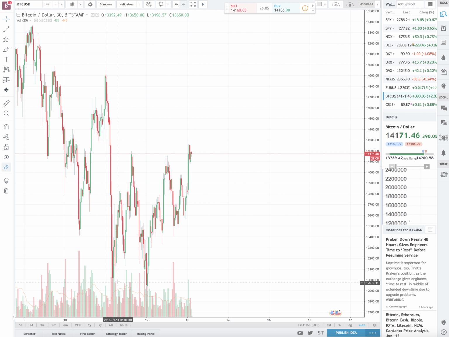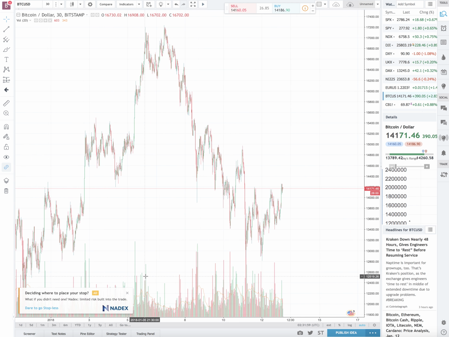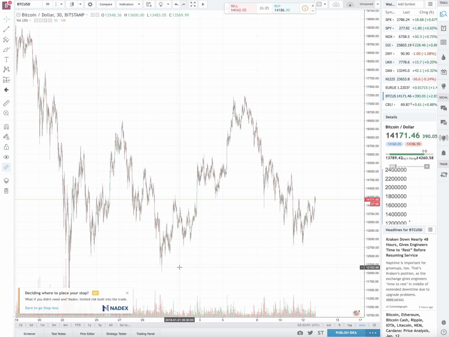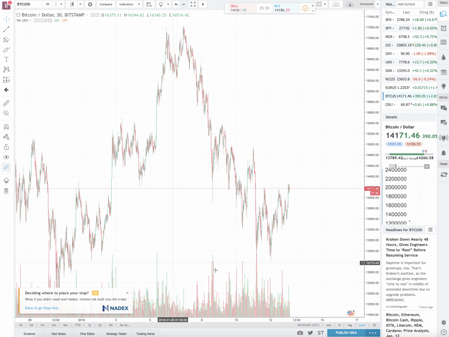until we got some pretty large support line down here at about 13,000, which is kind of what I thought was going to happen. And I thought that if it hit 13,000, it could either kind of support like it did. It actually bounced off of it right here, and then it kind of did it again.